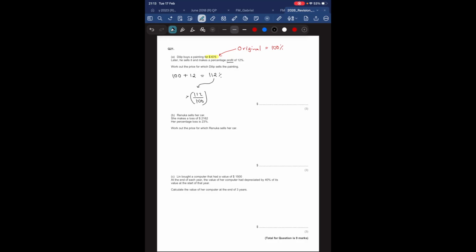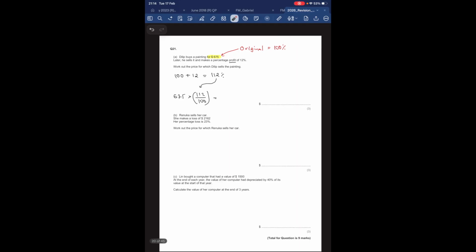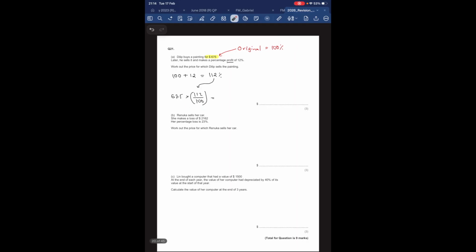And all we do is multiply that fraction by the original value, 675. We type all of this into the calculator in one go, and we end up with a value of $756. And that's the selling price that Dilip made.